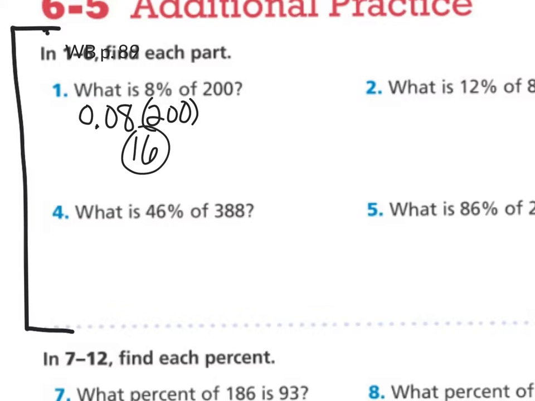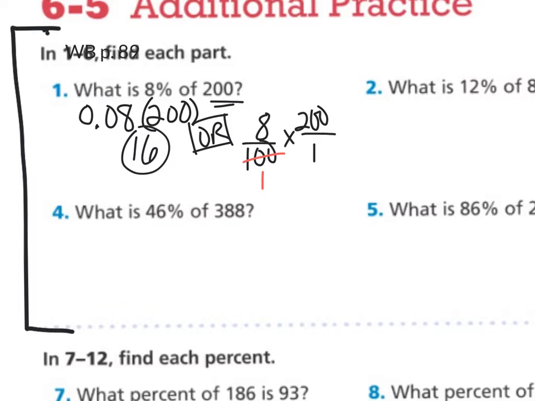This one's really not too bad since you got the 200 here. Another option here, you could say 8 over 100 times 200 over 1. And you could actually reduce the 100 and the 200 by a factor of 100. And then 8 times 2 is 16. Or you can just multiply, you get 1600 over 100, and then divide that out and get your answer.